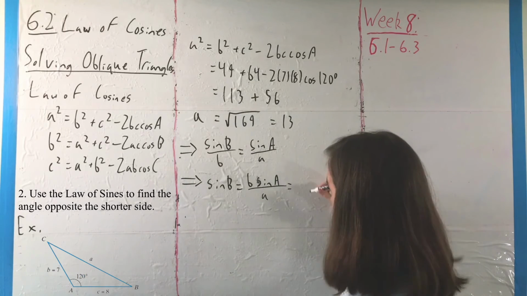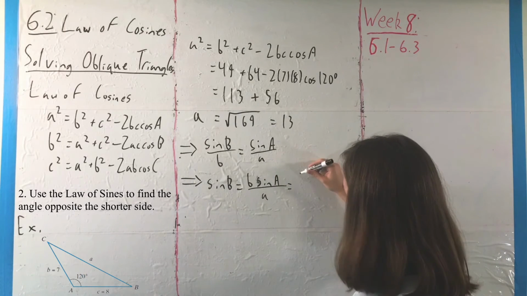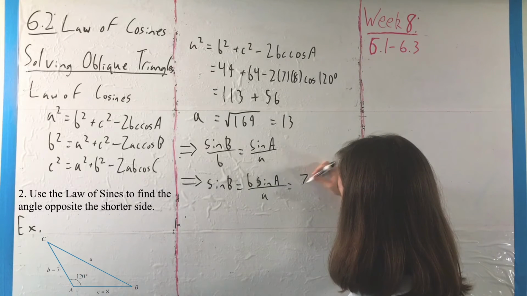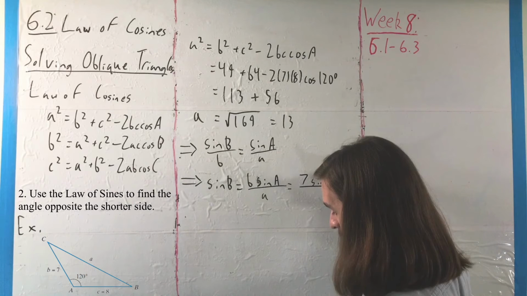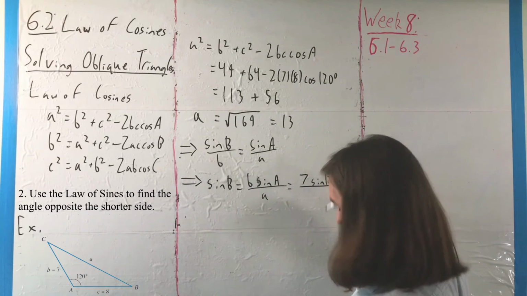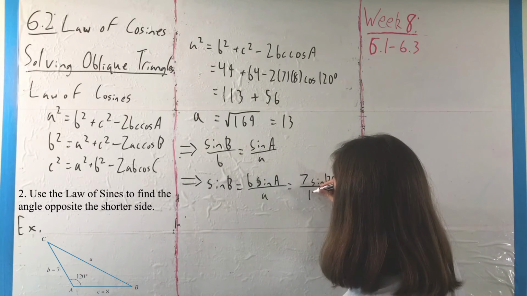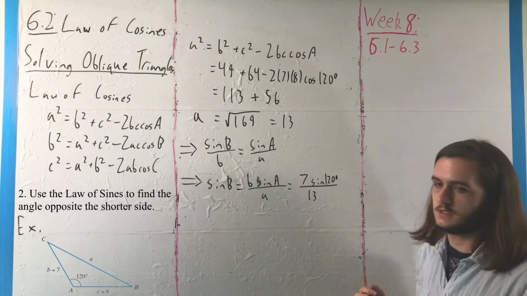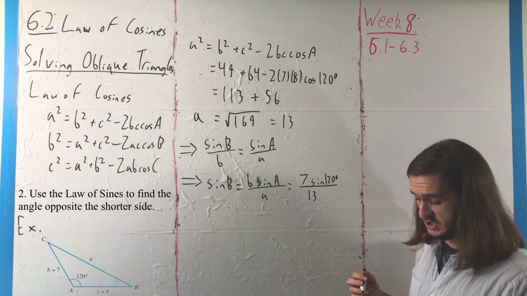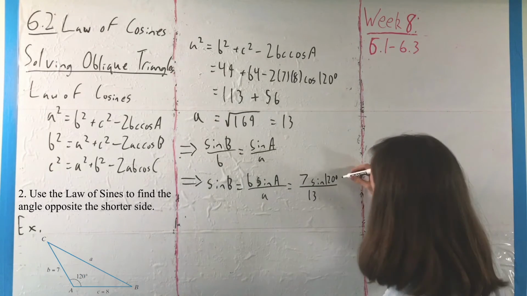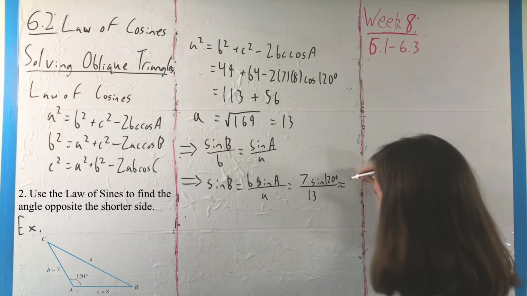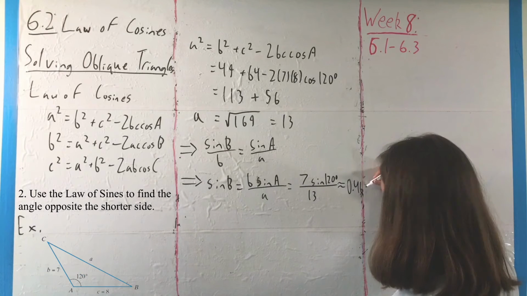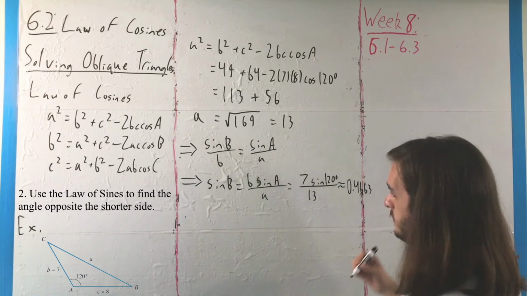We actually know all of these values now. We have that B is one of our given lengths, 7. We're taking sine of 120 degrees again. And down here we have 13, where even though all of these end up being nice-ish values, unfortunately, division by 13 isn't so nice, and we get that our value here is approximately 0.4663.